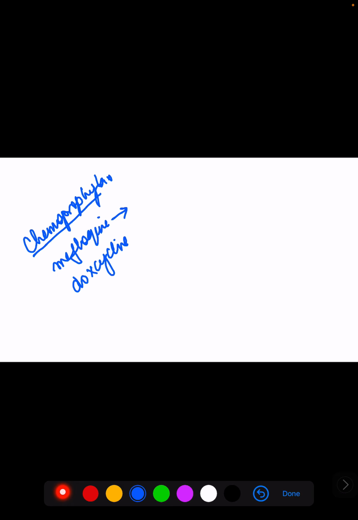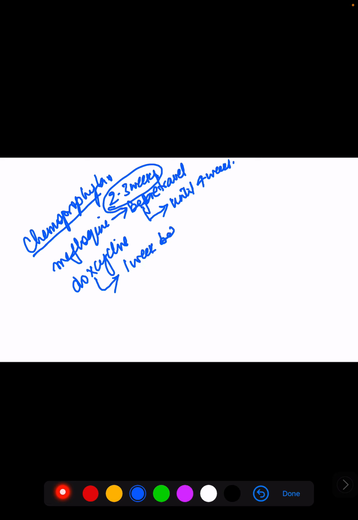Mefloquine is started 2 to 3 weeks before travel and continued until 4 weeks after. Doxycycline is started 1 week before and continued until 4 weeks after travel.